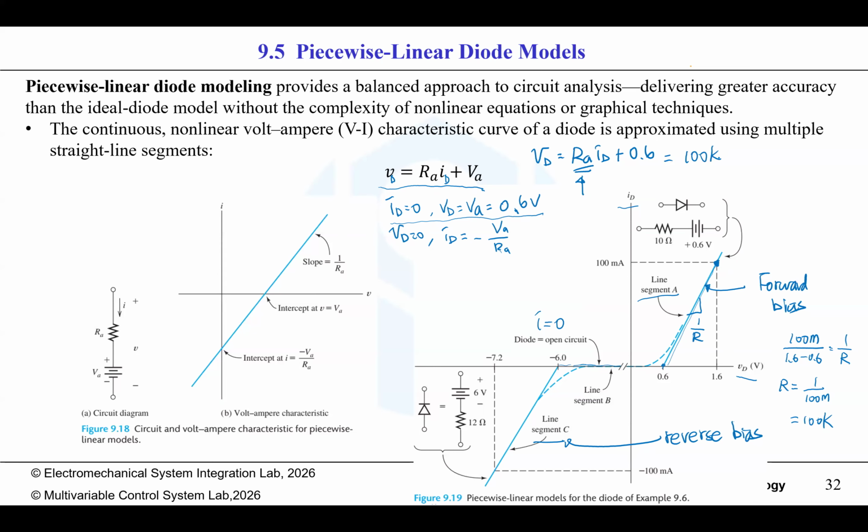No, it's not 100K. It should be 10. This is 1 over 100 m. It should be 10 ohm. So this is 10 times ID plus 0.6. So this equation should be VD equals 10 ID plus 0.6.